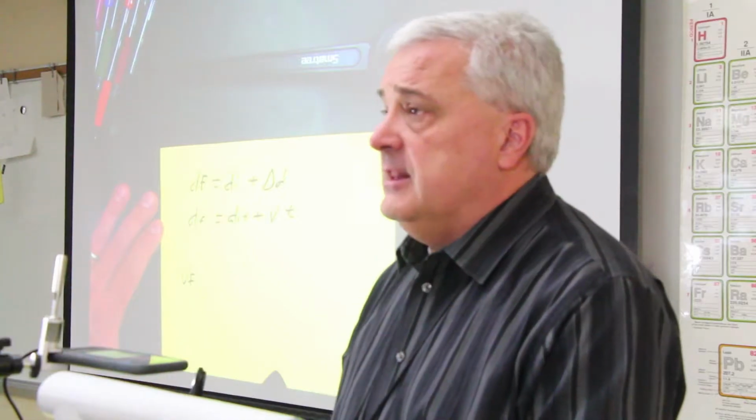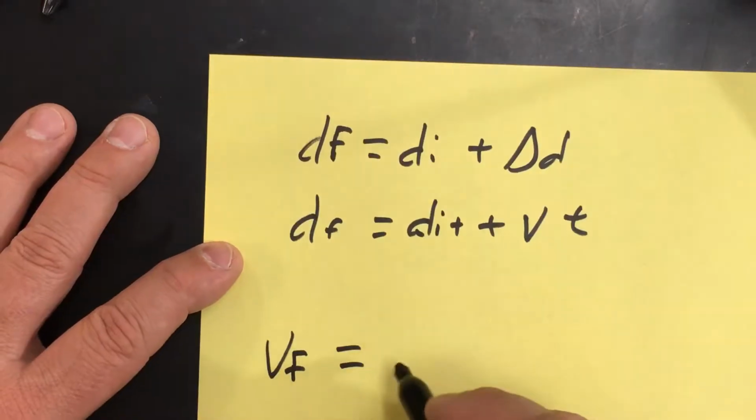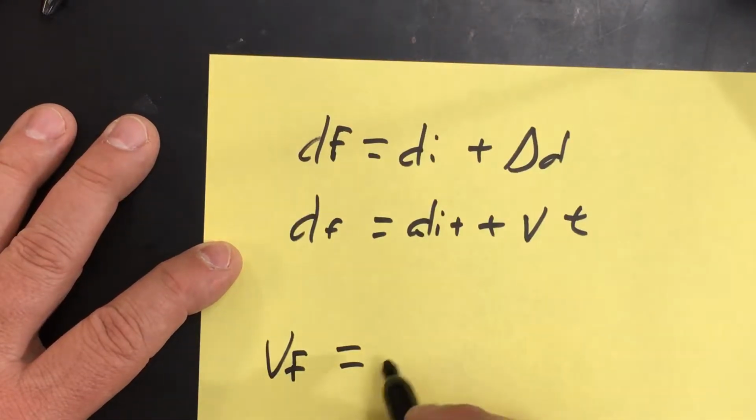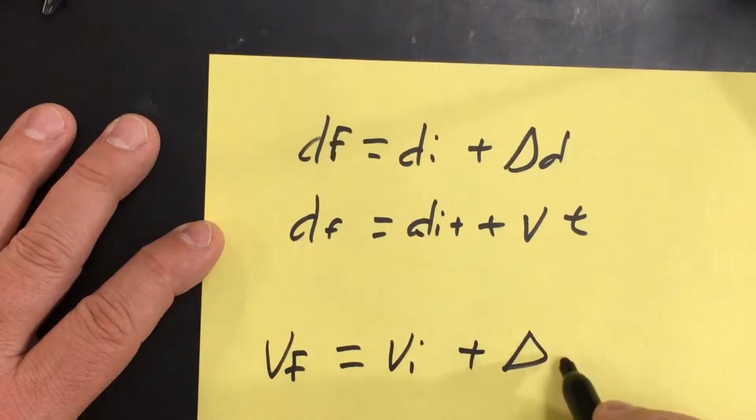The car's at the red light, you hit the gas pedal, some time passes. What's the final velocity? Or maybe you're driving down the road and you come to the speed limit sign. It goes from 35 to 45. So the final velocity is how fast you were going to start with plus how much velocity changed.